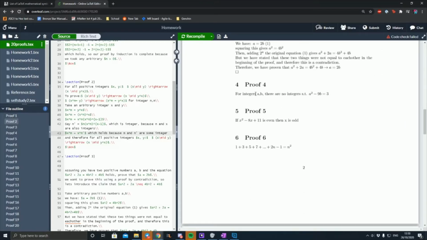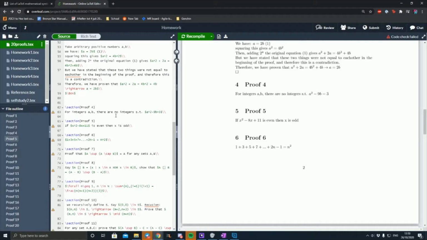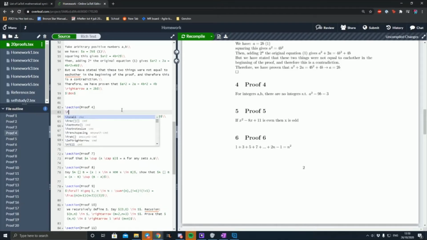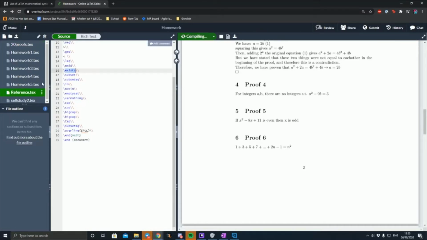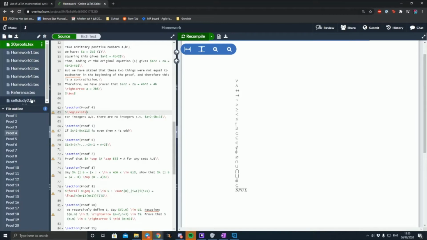Okay. So it says here, for all integers a, b, there are no integers such that a squared minus 9b is equal to 3. So this will be a proof in the form of negation of exists.